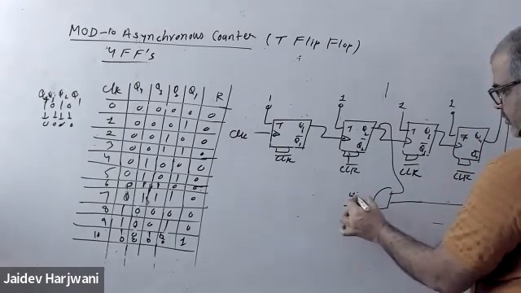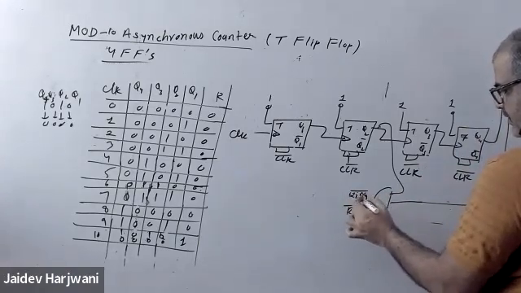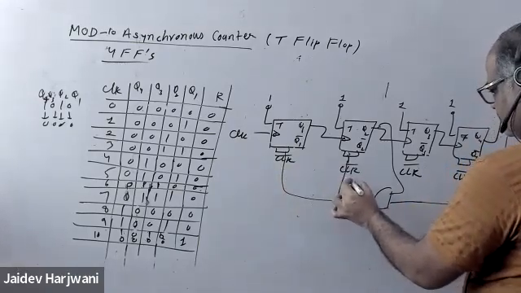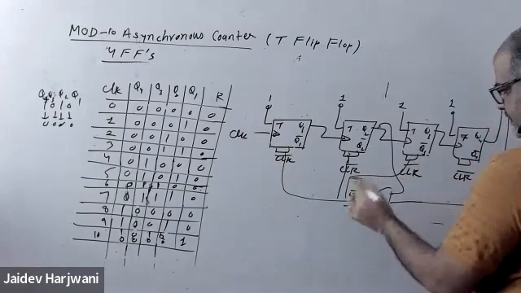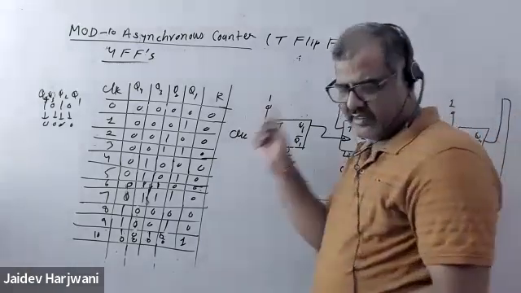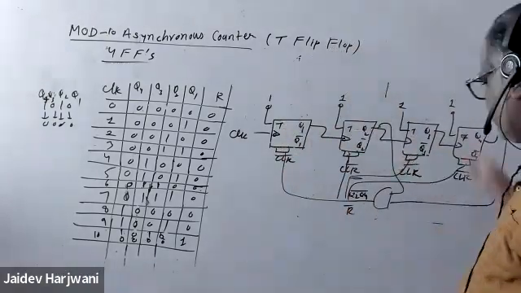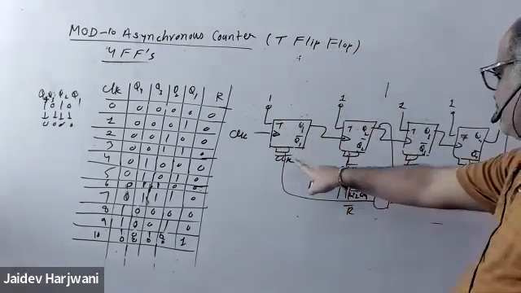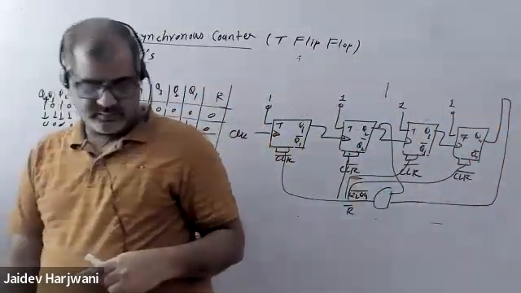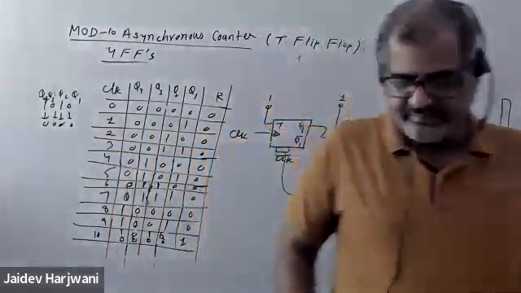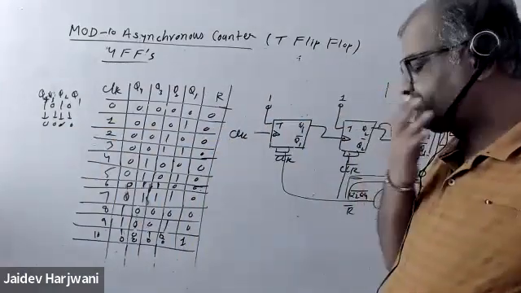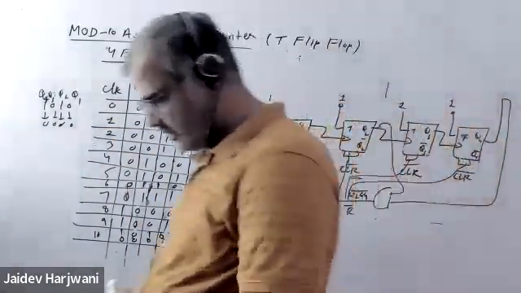Okay, Q2 Q4 ka bar, and connect it to all the clear bar. Okay, you can make one line attached to this one. Just you need to connect this output to all the asynchronous inputs. That's what I'm trying to say. Clear hai? So this was your asynchronous input.